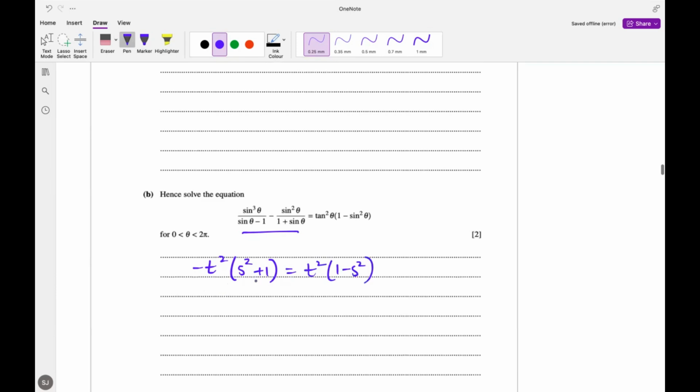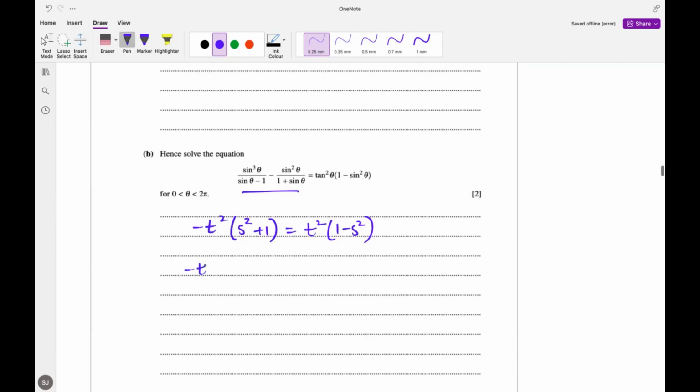So now opening up the brackets, we'll get −tan²θ sin²θ − tan²θ equals tan²θ − tan²θ sin²θ. Bringing the negative tan²θ to the right hand side, this will become tan²θ + tan²θ, and taking the −tan²θ sin²θ to the left hand side, this will become plus tan²θ sin²θ. So −tan²θ sin²θ plus tan²θ sin²θ will become 0.